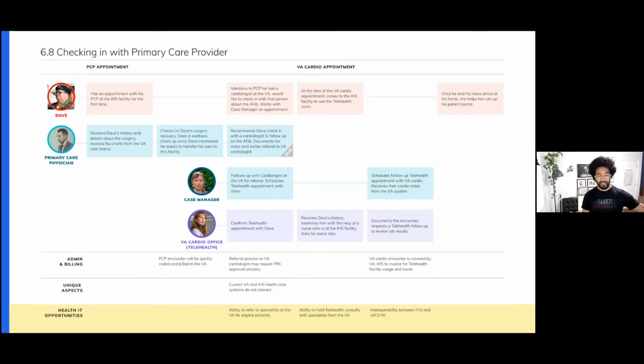Because even though Dave may not speak to someone in billing, a bill will probably be sent to him, or a specific action that happens in the back end needs to take place, such as the Indian Health Service sending a bill to the Department of Veterans Affairs.